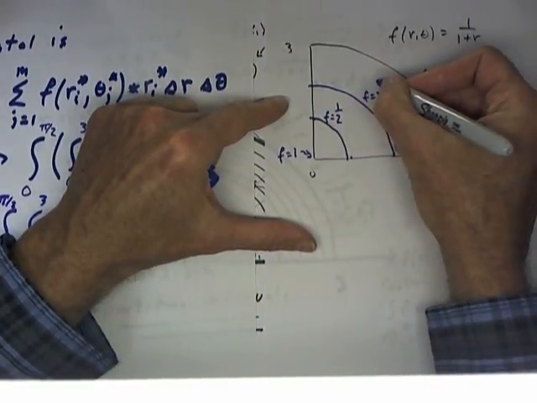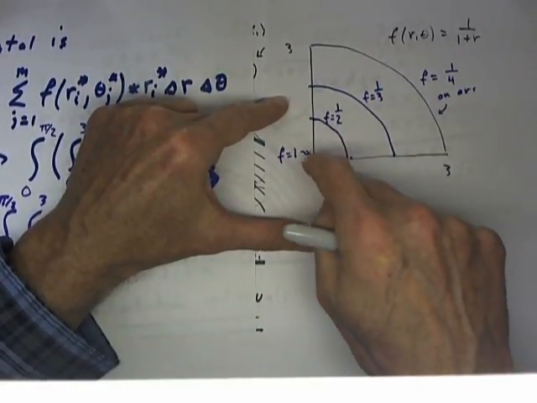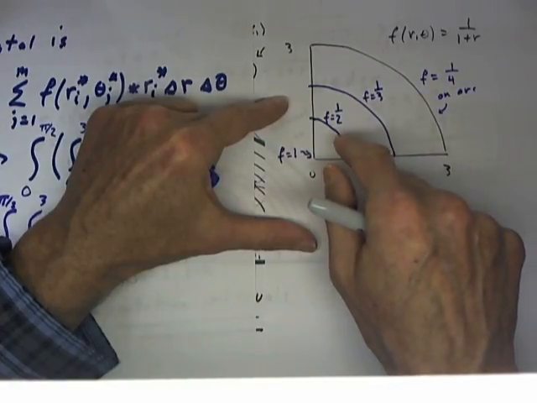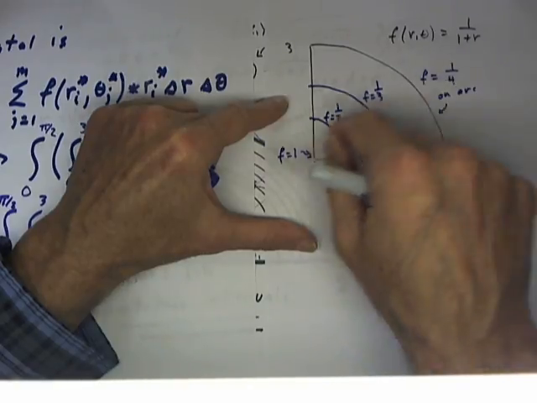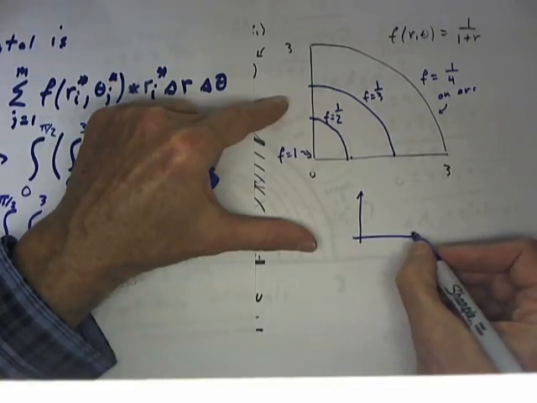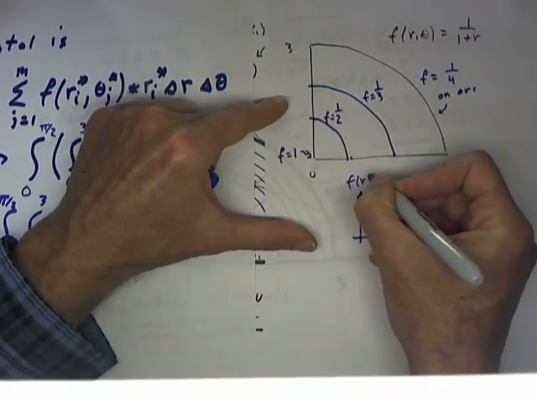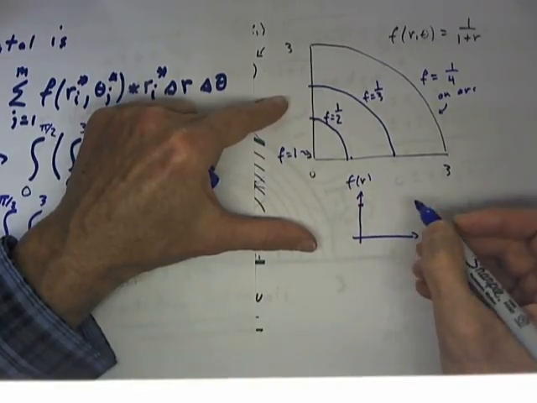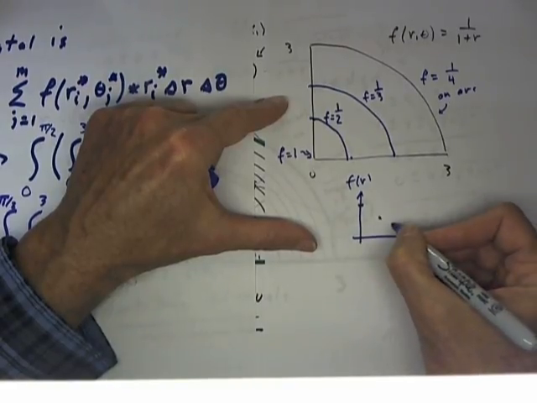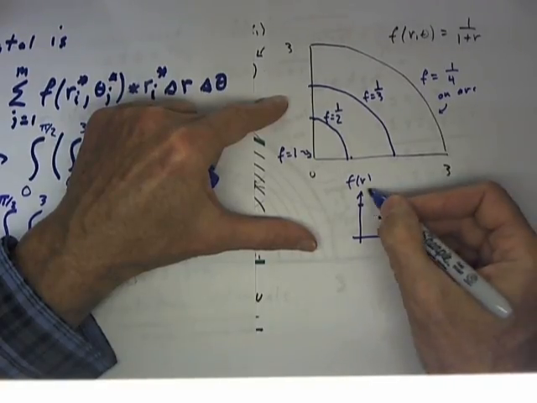I said that and wrote it wrong. f is 1 over 2 and 1 over 3, so that our values of f decrease from 1 to 1/4 through the values 1/2 and 1/3 as we move from here to here. If we graph our f of r versus r, we have value 1 here, value 1/2, value 1/3 here, 1/4 here.